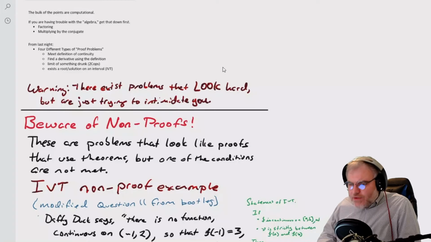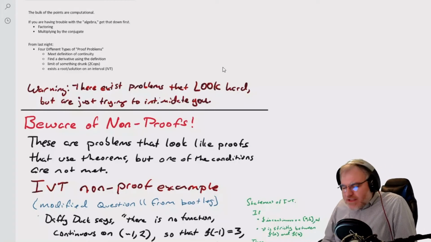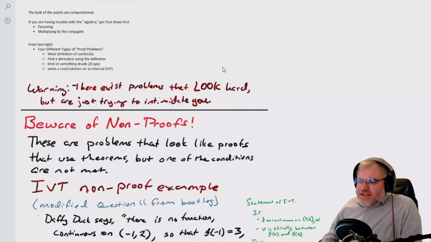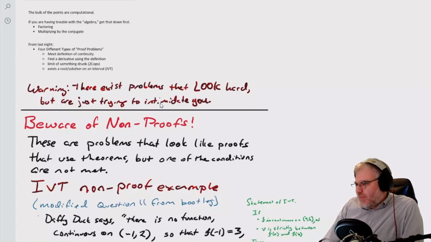So don't get like deer in the headlights on this stuff. There exist problems that look hard but are actually just trying to intimidate you. A good example of one of those problems is number 8 on the bootleg.